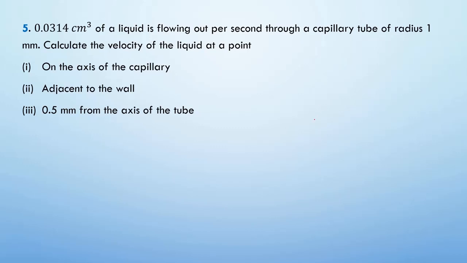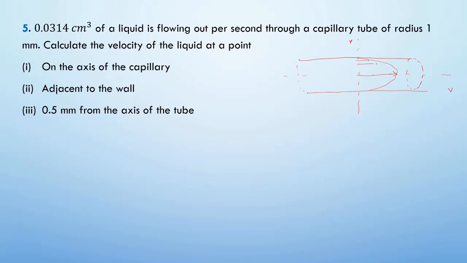We know that when water flows through a capillary tube, when we plot a velocity versus x graph, we will get a plot like this, where we have maximum velocity at the axis and zero velocity near the walls. We have seen this while learning capillary flow.